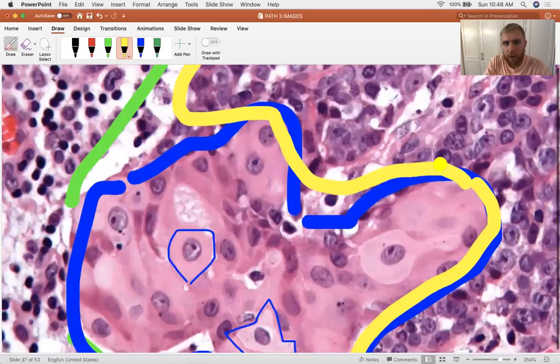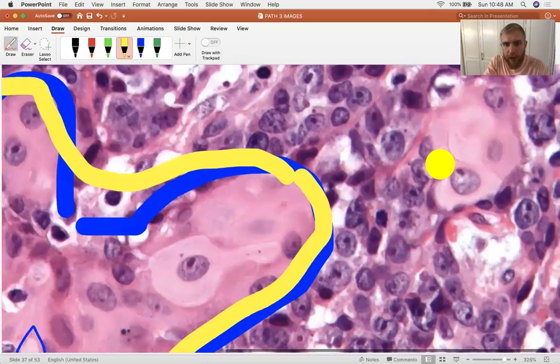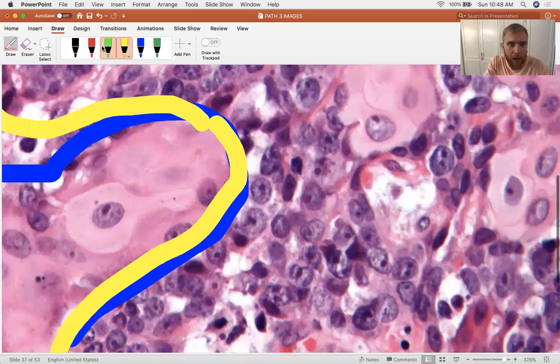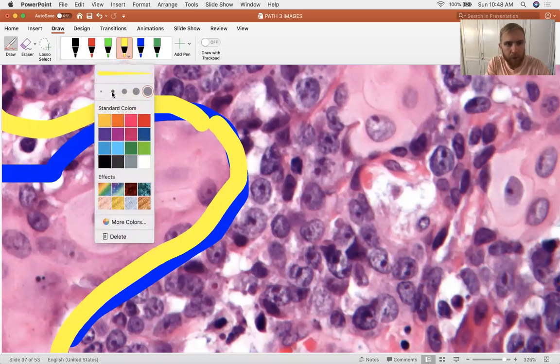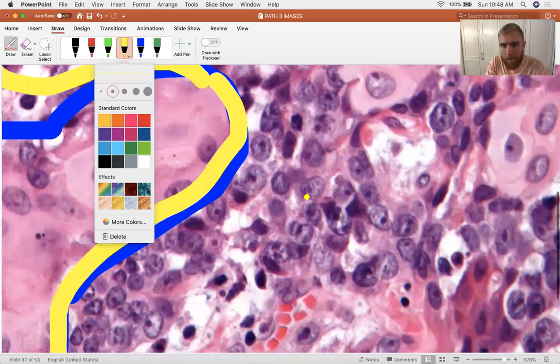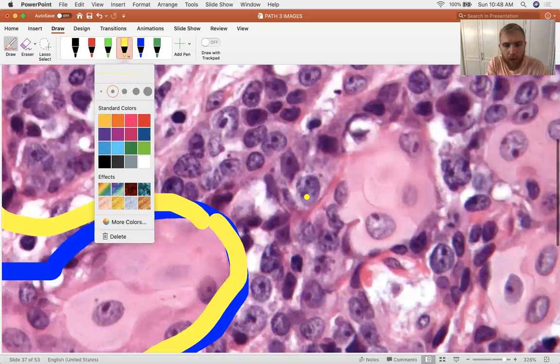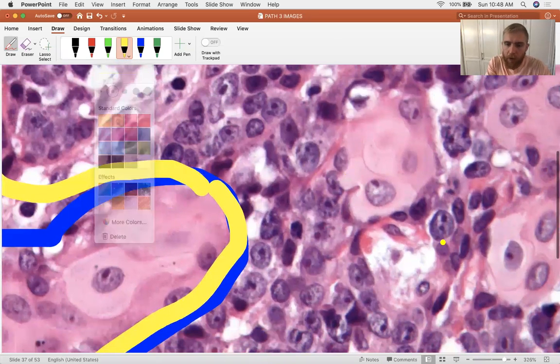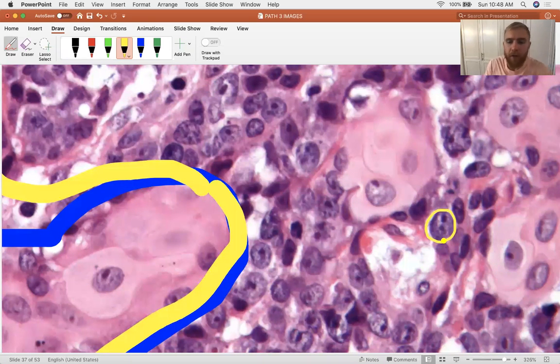And if you were to zoom in, you're going to see they've got really prominent nucleoli. So I'll point that out for you. Where's a good cell? Here's a good cell. That whole thing that I just circled is a nucleus.